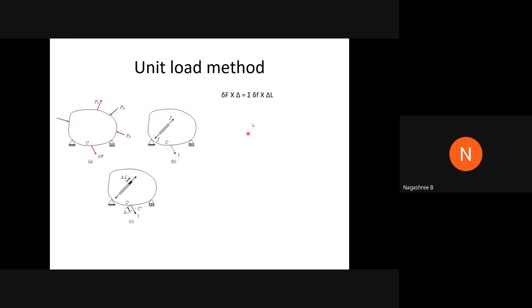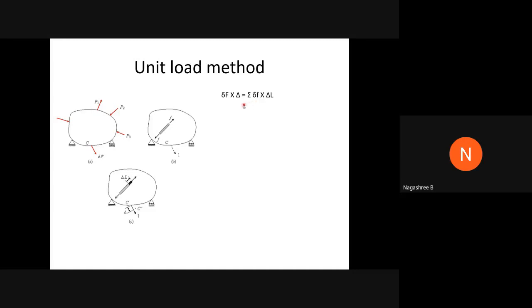So delta F into delta, where delta F is the virtual force and delta is the virtual displacement due to delta F, is equal to sigma delta F into delta L.